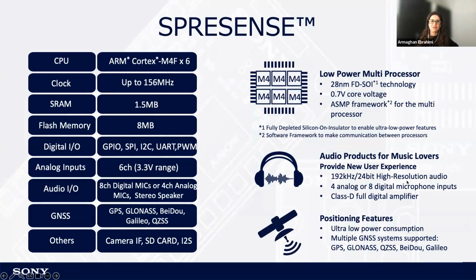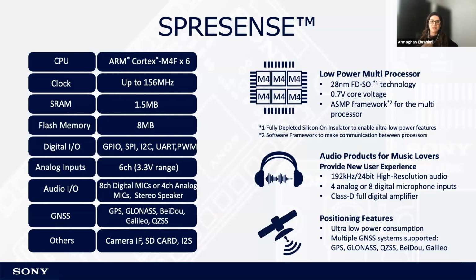Look at the right side of my slide. I want to highlight these features for you. I told you this is very low power, and we are using the FD-SOI technique for maintaining this low power in Spresense. Spresense has high resolution audio, and GPS is already integrated in the board. So for audio sensitive applications, we have some examples where you can put Spresense in the trunk of a tree and listen to the insects when they attack the tree, or put it in the factory and listen to machineries.